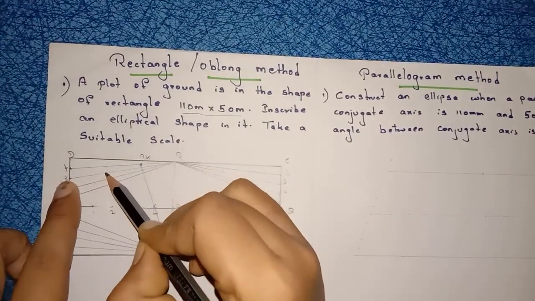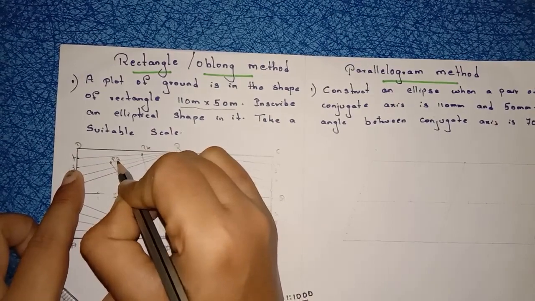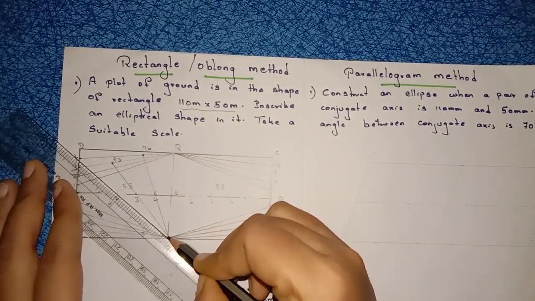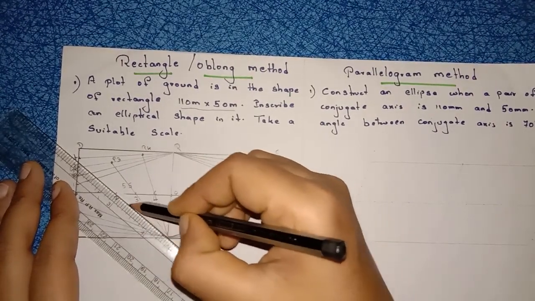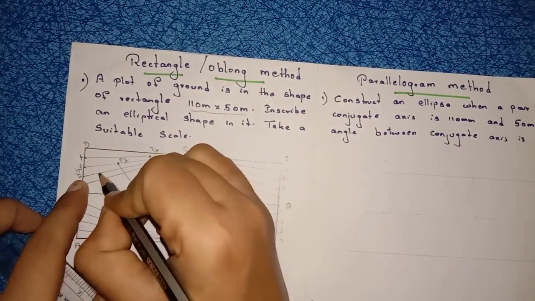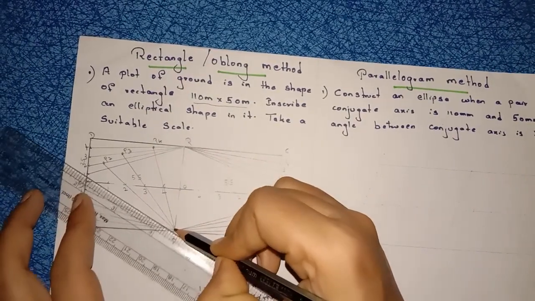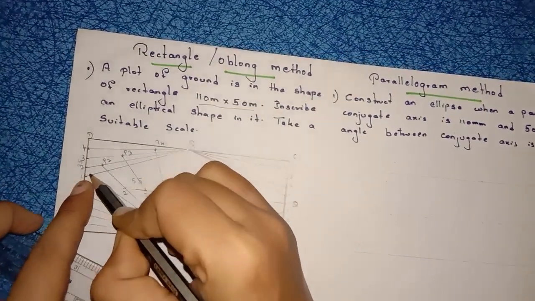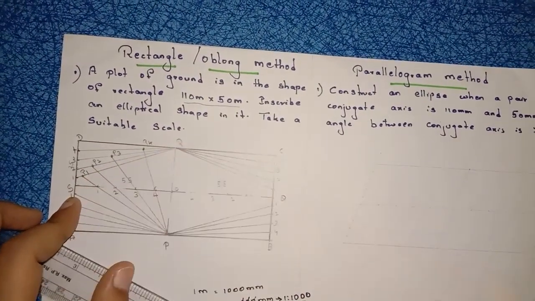See, this is the third line, right, name this point as P3. Same from P through point 2, draw a line till the second line. This is your second line, name it here as P2. From P through point 1 draw a line till the first line. See, this is the first line, name it as P1.